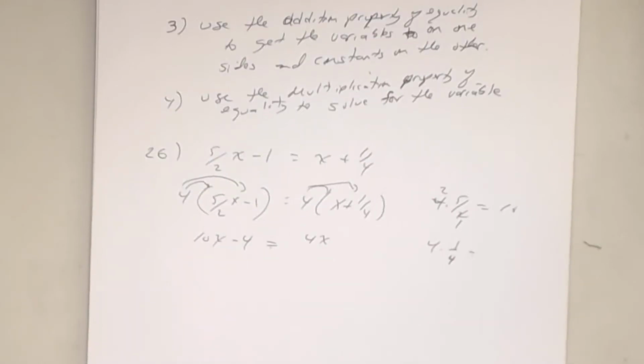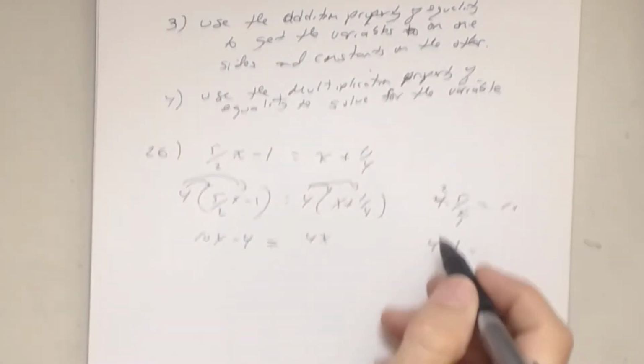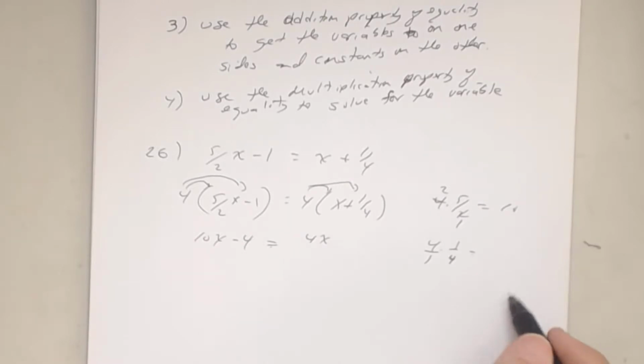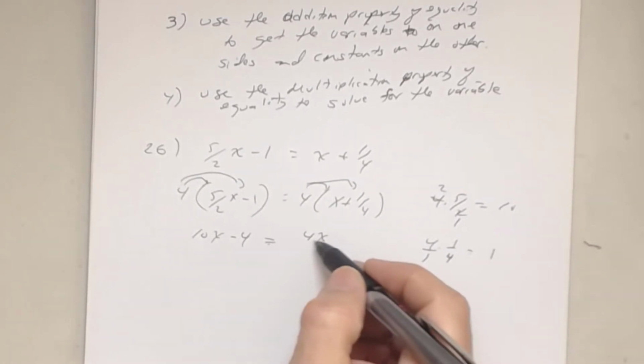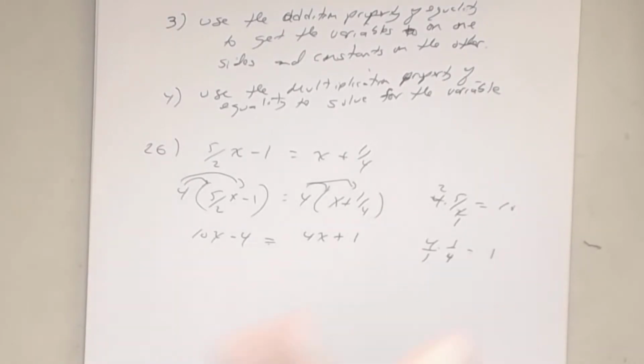Some of you are going to say 4 times 1/4 is 16, because you're not really looking at it the way you need to. It's not saying 4 times 4. It's saying 4 times what? 1/4. 4 times 1/4 is 1, because that's really 4 over 1, right? And 4 divided by 4 is 1. So that should be 4x plus 1. Now notice, it looks like a simple equation you did a while back. No fractions anymore.